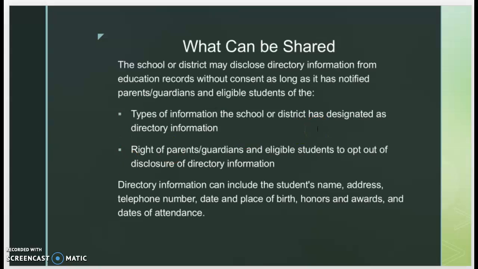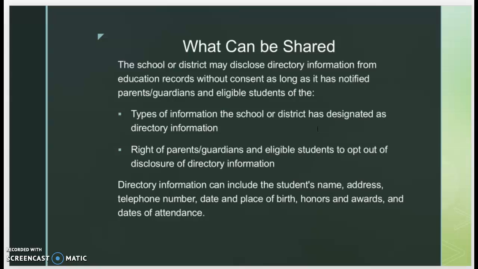In this Privacy Act, we have to understand that there is information that can be shared, and that the school or district may disclose directory information from educational records without consent of parents. However, parents are notified, often through a student handbook or a newsletter, that we can share that information.